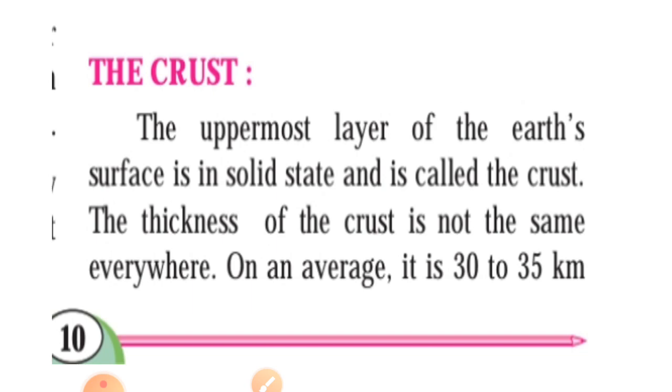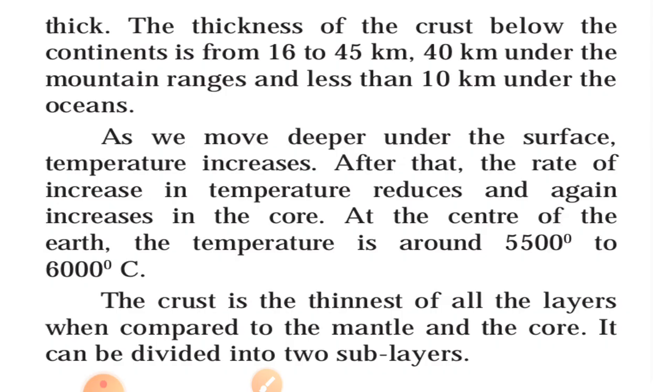It means the thickness of the crust is different everywhere. On an average, it is 30 to 35 kilometer thick. The thickness of the crust below the continents is from 16 to 45 kilometer, 40 kilometer under the mountain ranges and less than 10 kilometer under the oceans.